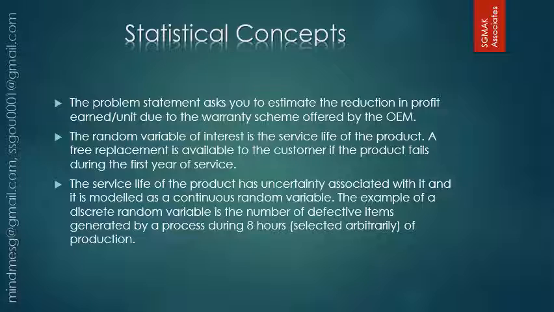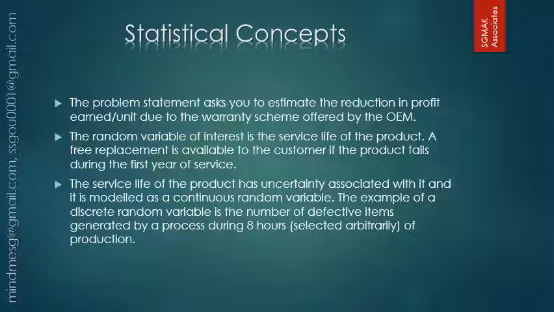The example of a discrete random variable, by contrast: this one is a continuous random variable. If you think about a discrete random variable, an example is the number of defective parts that you make over a certain time period, and I have taken 8 hours arbitrarily. So you have a process manufacturing a product. You have stabilized the process. It's stable now. It's giving you some output. It will typically generate some defective parts, even if very few.